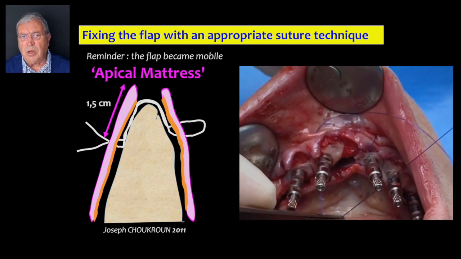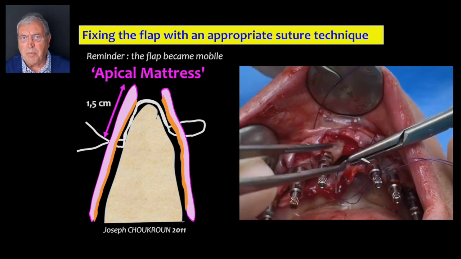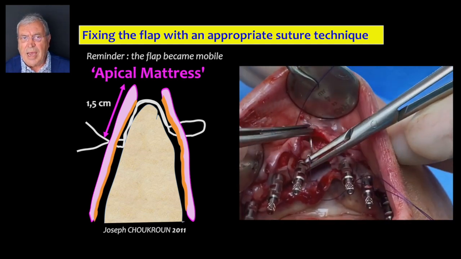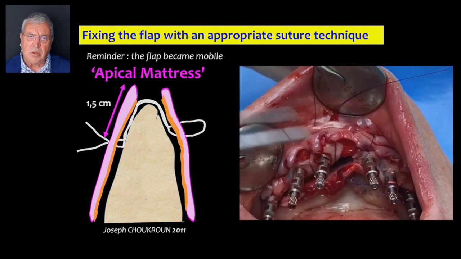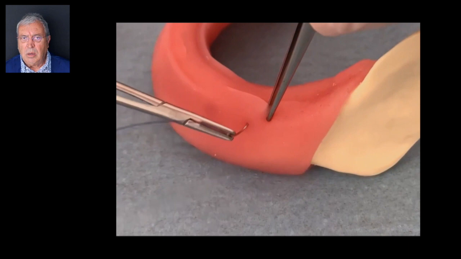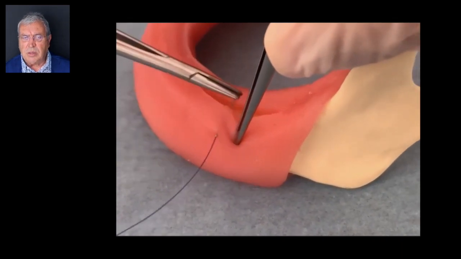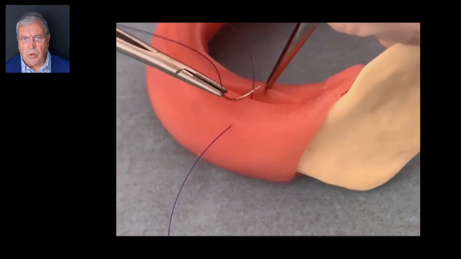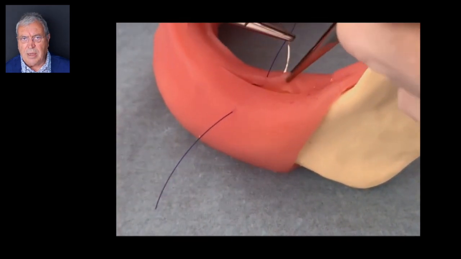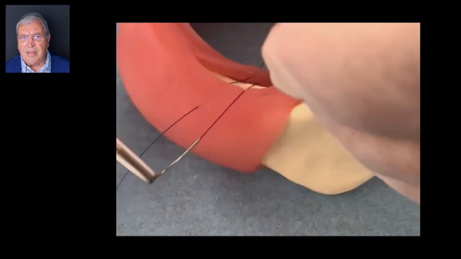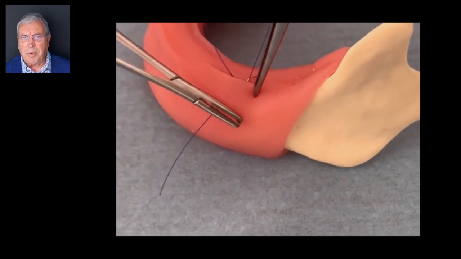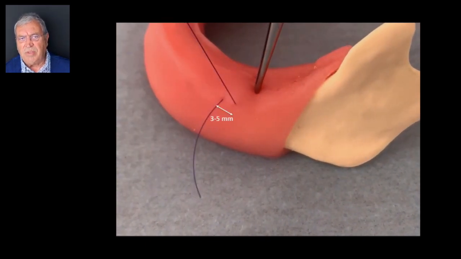And then I proposed a horizontal mattress, but very deep into the vestibule, meaning at 1.5 centimeters from the margin. This is an apical mattress. We go on the flap, we go back, and then the outlet of the needle is at the same level. This is why we say this is a horizontal mattress, but very deep into the vestibule.